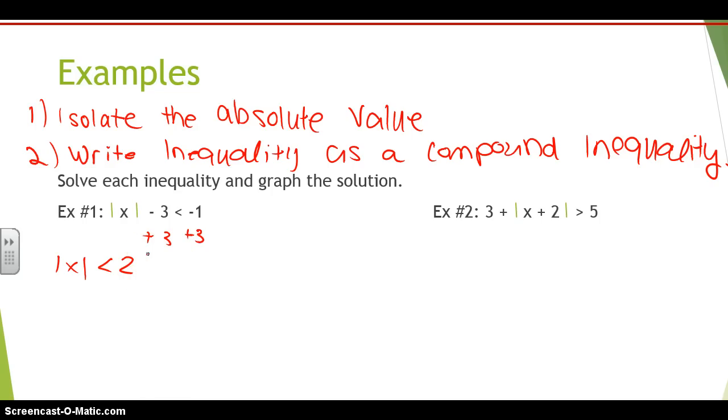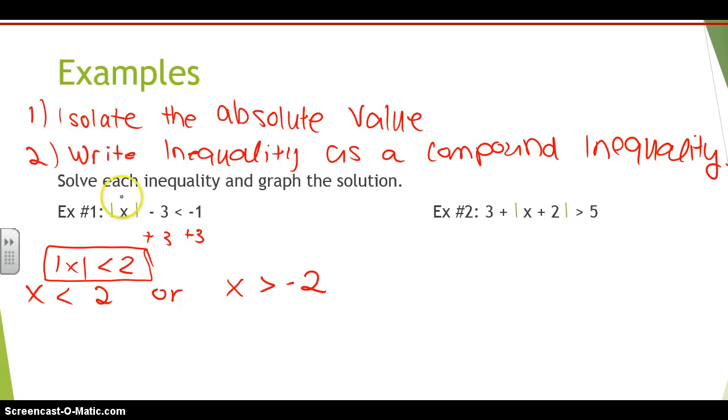Now we've done the first step, isolate the absolute value. We now need to write this inequality as a compound inequality. So the way I'm going to write that is x can be less than 2, or x can be greater than -2.